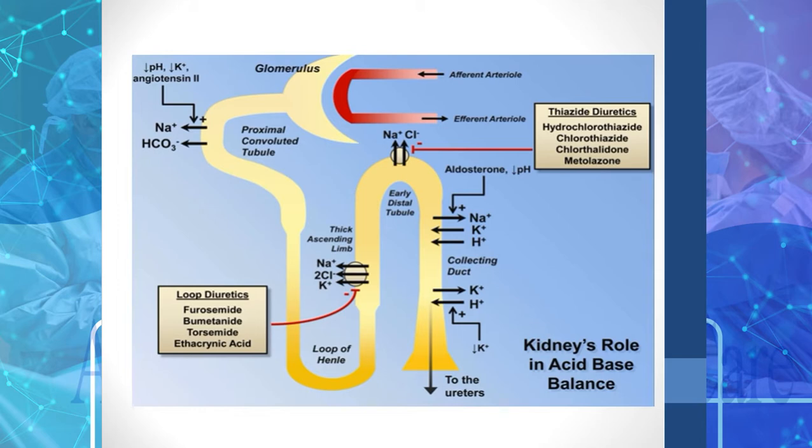Angiotensin 2 will increase the reabsorption of HCO3, so increasing the amount of HCO3 in the body will cause metabolic alkalosis, while aldosterone will increase the excretion of hydrogen ion, and this also causes metabolic alkalosis. So both aldosterone and angiotensin are causing metabolic alkalosis, but by different mechanisms.